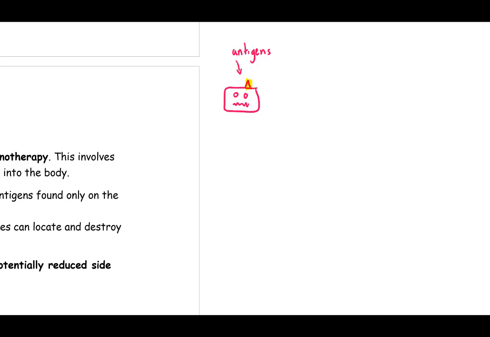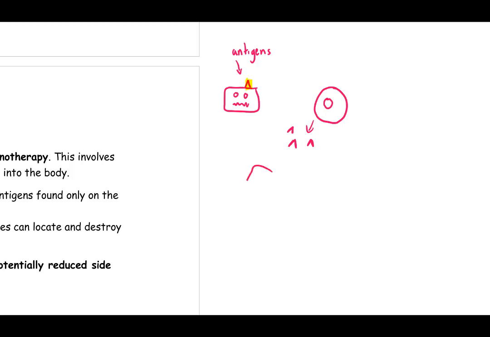When they get in your body, you've got white blood cells, which will produce antibodies, which can basically match on with the antigen.